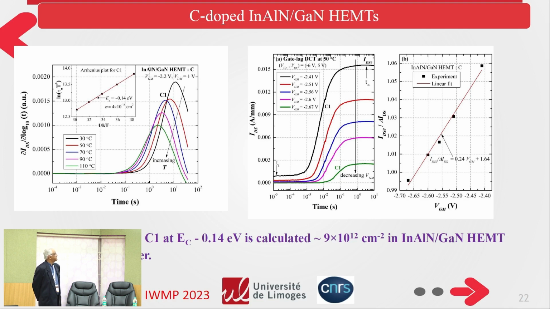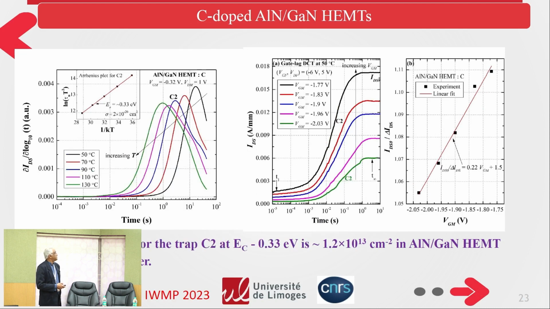Then we do the same thing by fixing the filling pulse always at 1 second with -5 volt and the VD filling voltage at 5 volts, and we vary the value of VG. As you can see, even for the different barrier, we also obtain a straight line. With the slope, we can estimate NT. So for this case, we have 9e12 per cm².